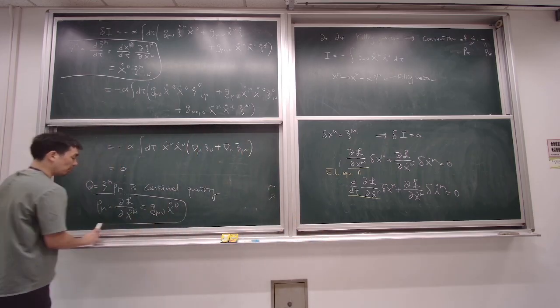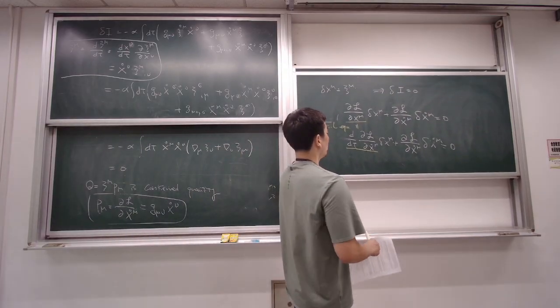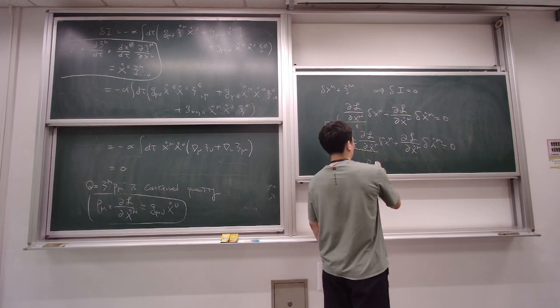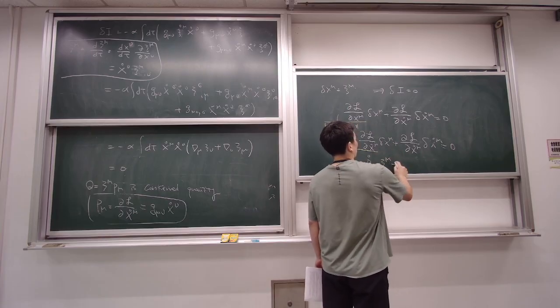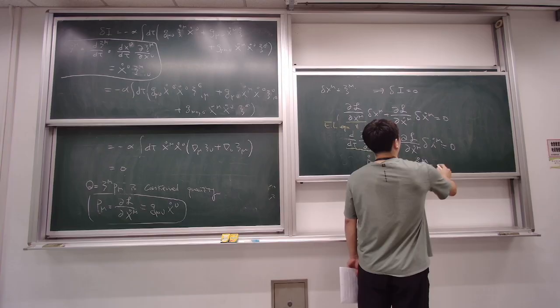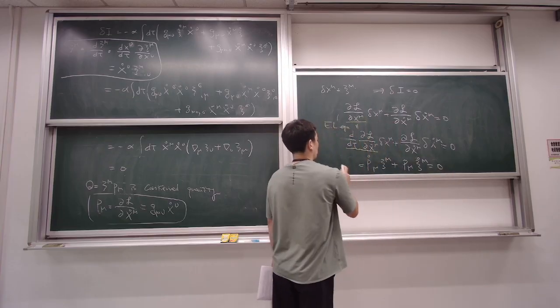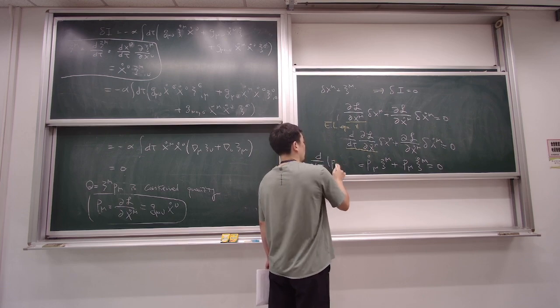If you plug this into the momentum, then this is equal to p mu dot, c mu, plus p mu, c dot mu, equal to 0. And this is equal to d tau of p mu and c mu.